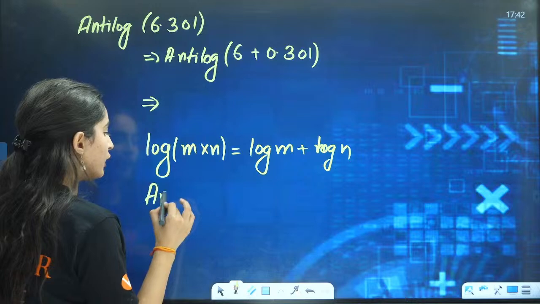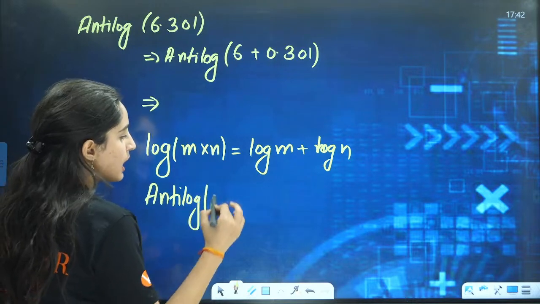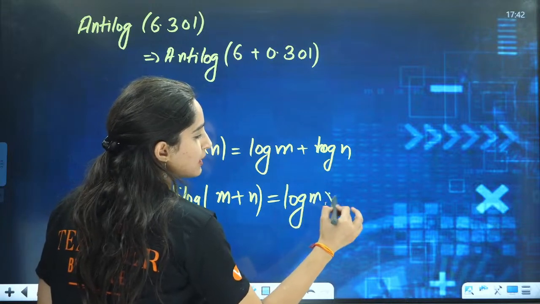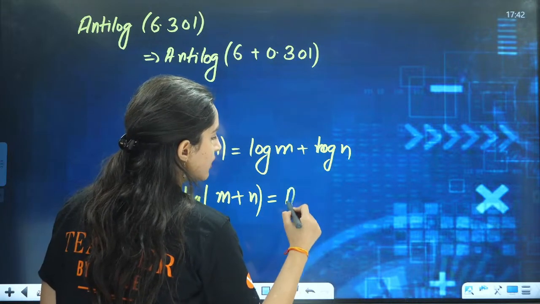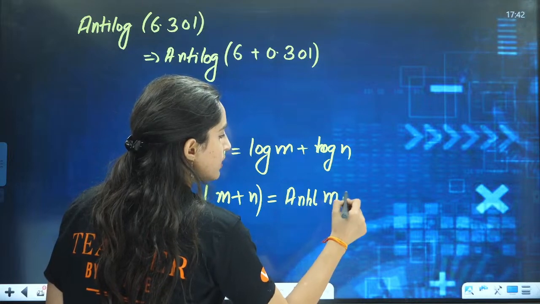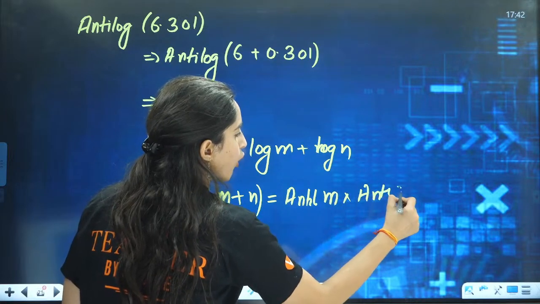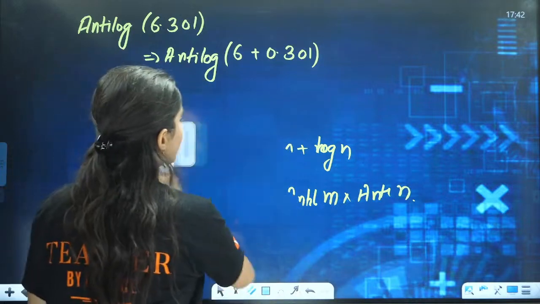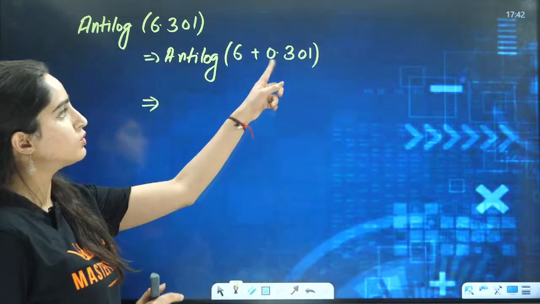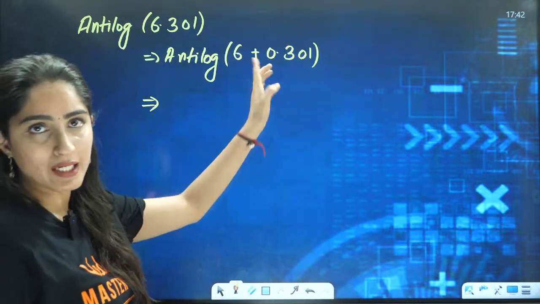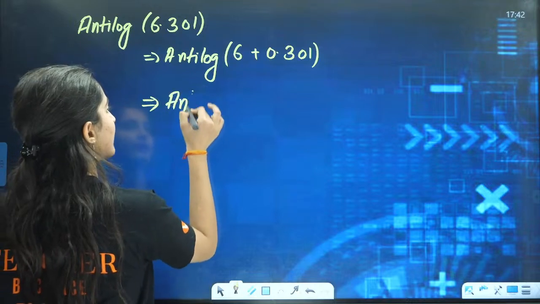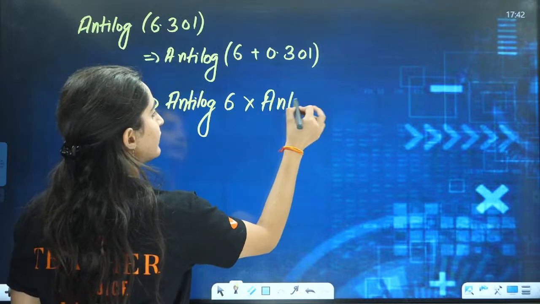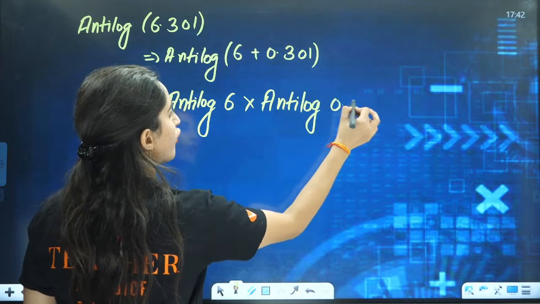But in antilog, antilog of m plus n is antilog of m multiplied by antilog of n. This is opposite of each other. So when we open this, they will be multiplied, so that will be antilog of 6 multiplied by antilog of 0.301.